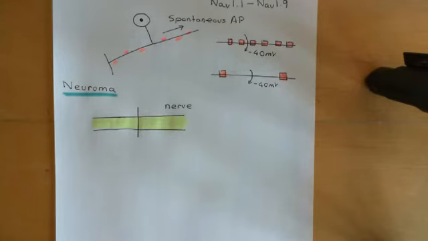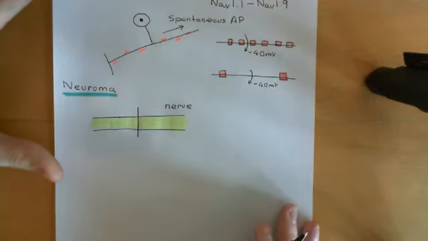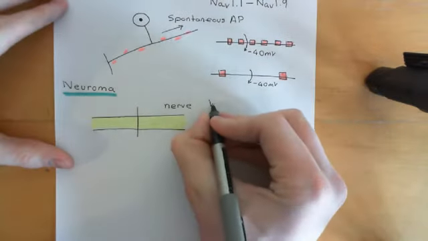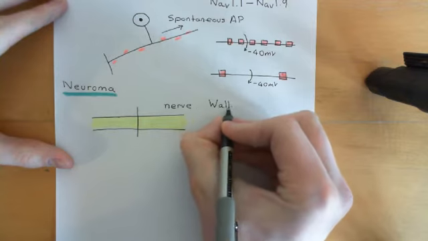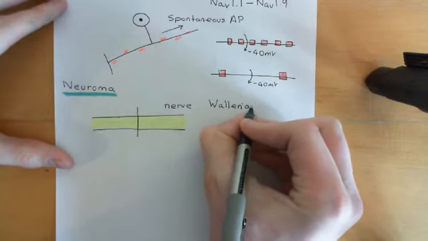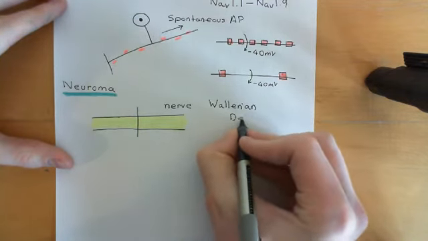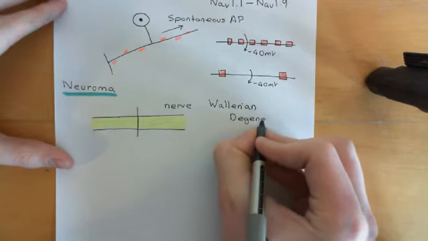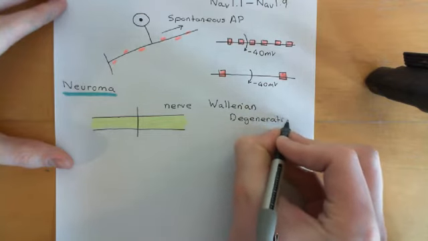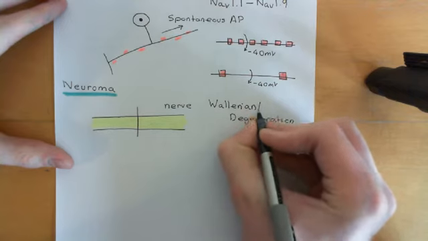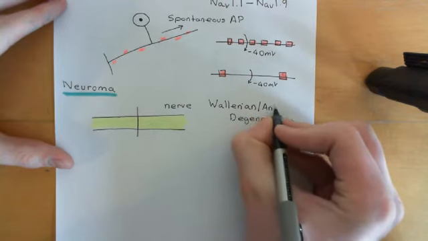Now what can then happen is a process known as Wallerian degeneration. It's not quite as exciting as Valerian degeneration. Which involves these neurons of the peripheral nervous system. So Wallerian degeneration, which is also called anterograde degeneration, is a phenomenon that you find specifically in the peripheral nervous system, not in the central nervous system.